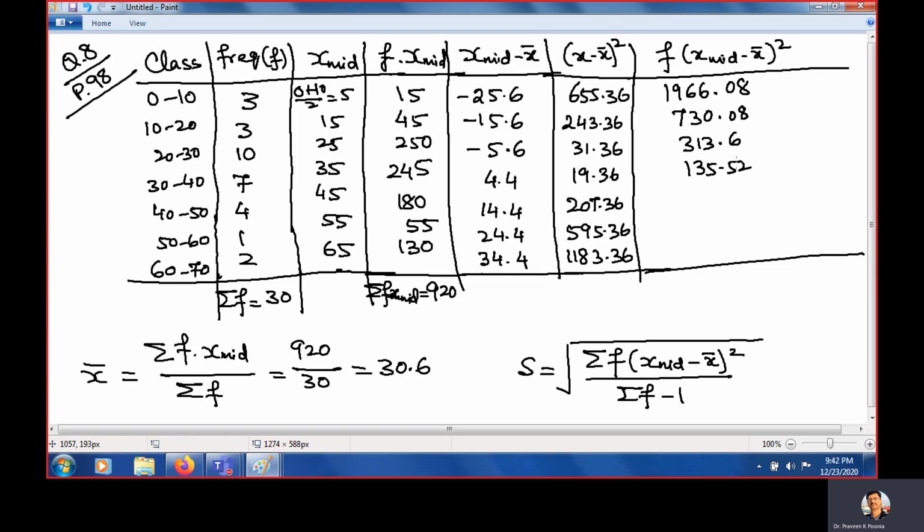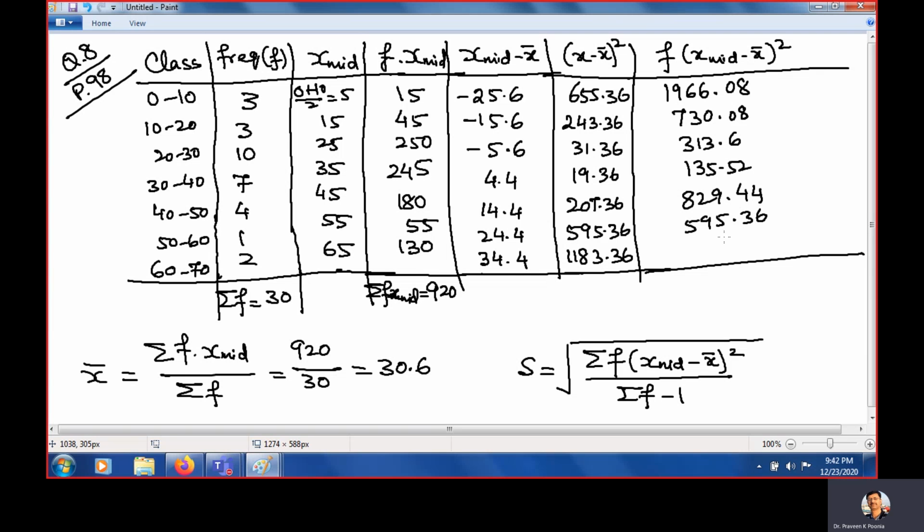Now 207.36 multiplied by 4, so it is 829.44, and then next is 595.36 multiplied by 1.